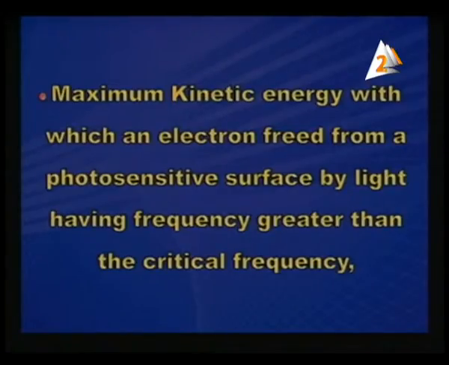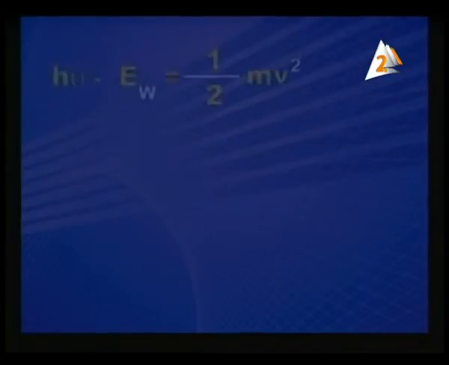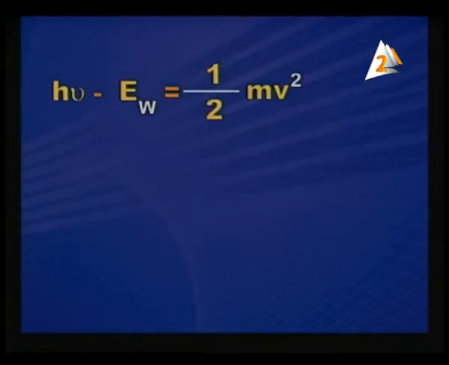We want the relation that gives the maximum kinetic energy. It is h nu minus EW, and it is equal to half m v squared. h nu is the energy of the incident photon, EW is the work function, m is the mass of the electron, v its velocity.